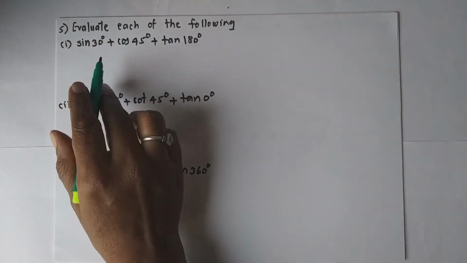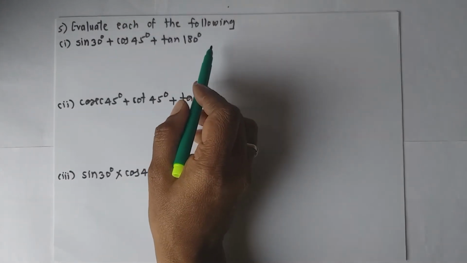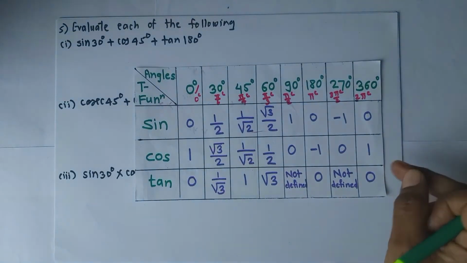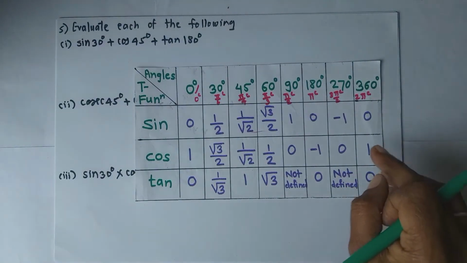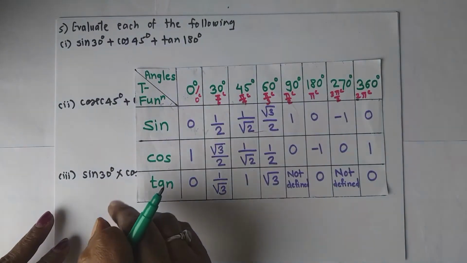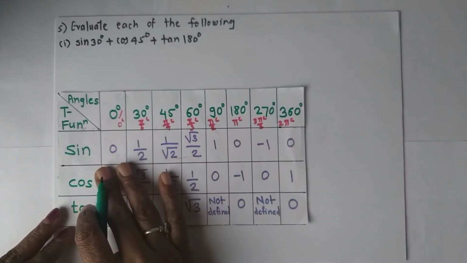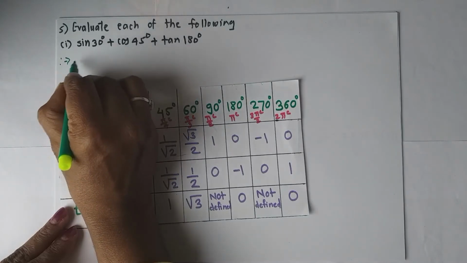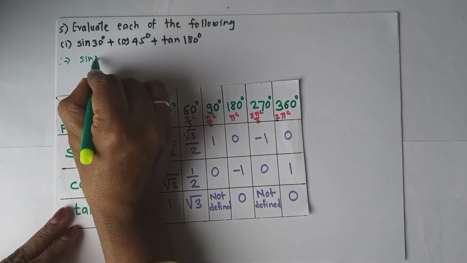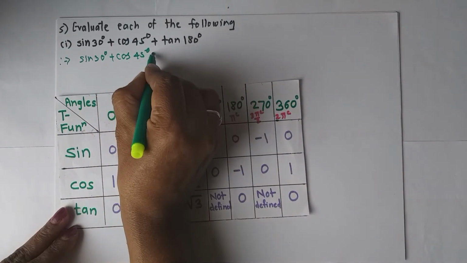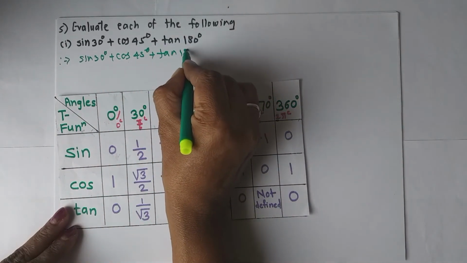Now what is given here? Evaluate each of the following. If we know this table of trigonometric functions from 0 to 360 degrees, then it is very easy to evaluate such problems. You first write down the left hand side, that is, in the solution you write down the problem as it is: sin 30 plus cos 45 plus tan 180 degrees.